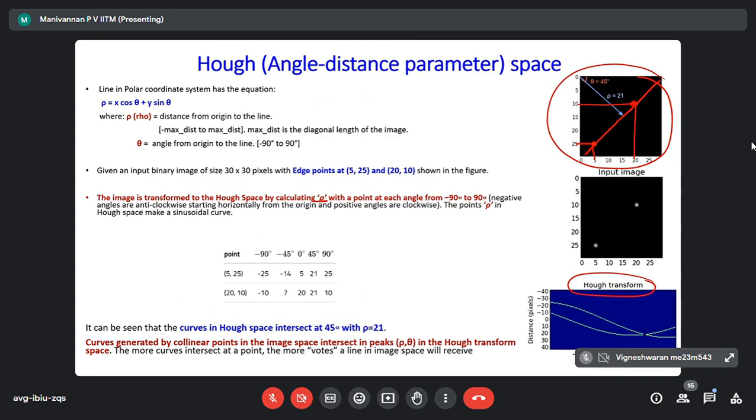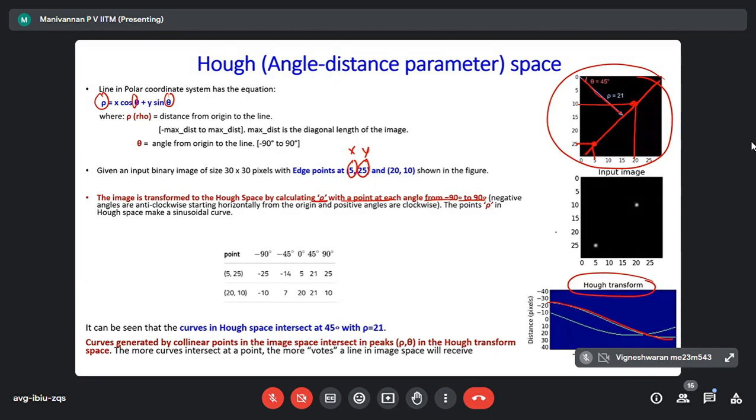This rho you have to calculate for the point at each angle, with theta varied from minus 90 to plus 90 degrees. Then you can substitute. For a rho, you can calculate, since x and y are already known. 1 is the x and 25 is the y value. For that, you calculate and you can plot the curve.